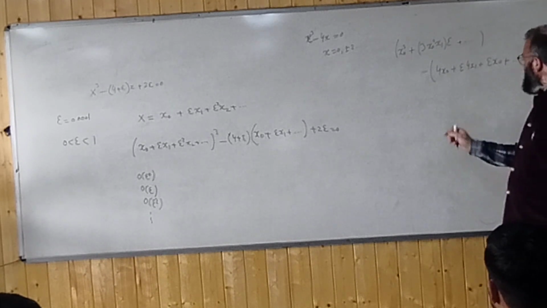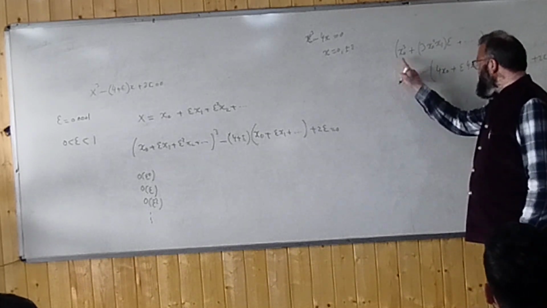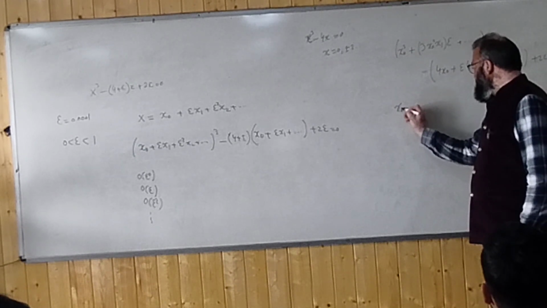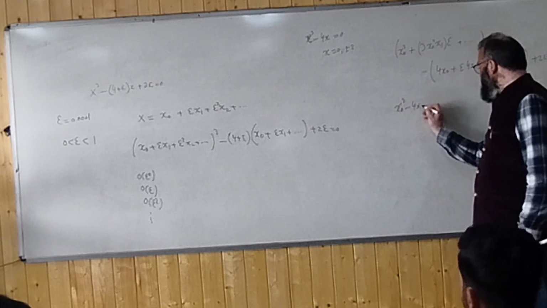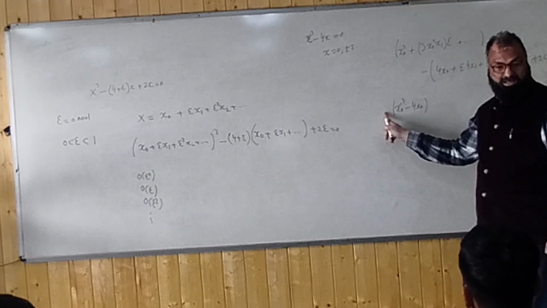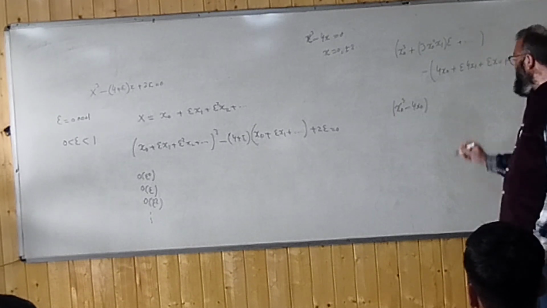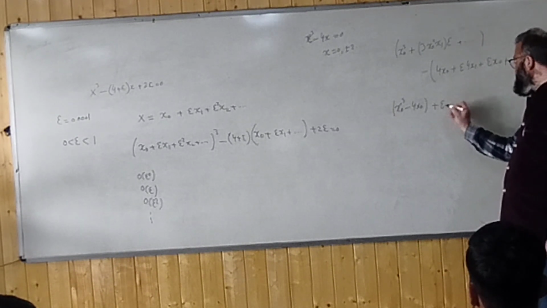Rearrange the terms. Which is the term having no epsilon at all? You are having x0 cube minus 4x0. Clear? What is the power of epsilon here? Epsilon raised to 0. So it is the zeroth order term. Now let's take the epsilon term.